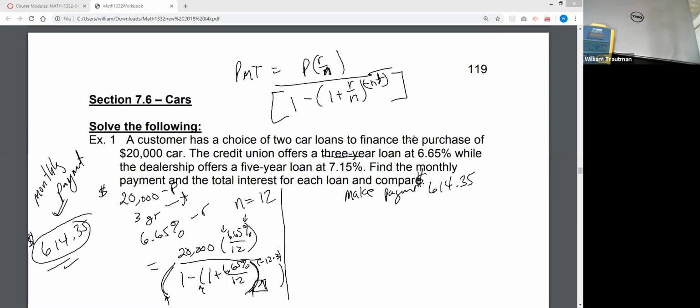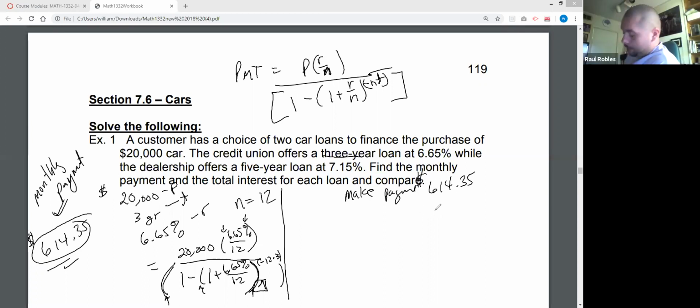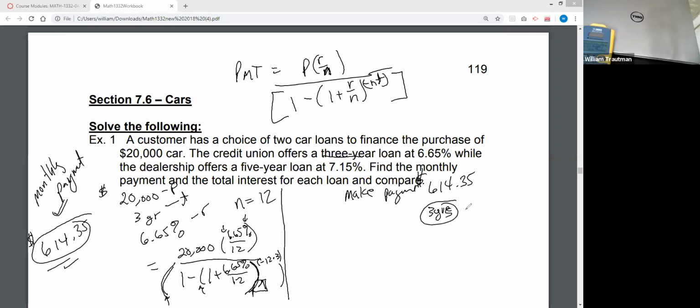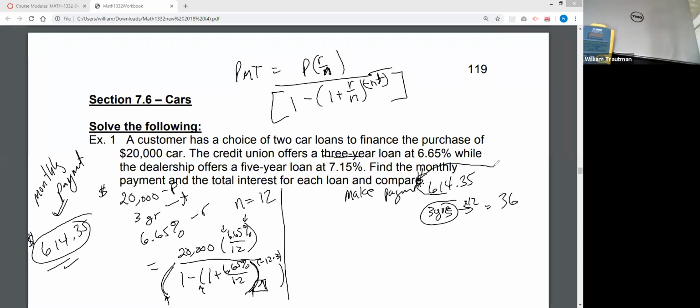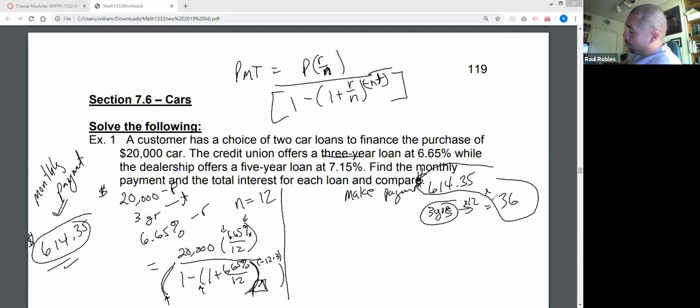How long are we going to make these payments? 36 months, 3 years, which is 3 times 12. So multiply these two together, $614.35 times 36. That's $22,116.60.